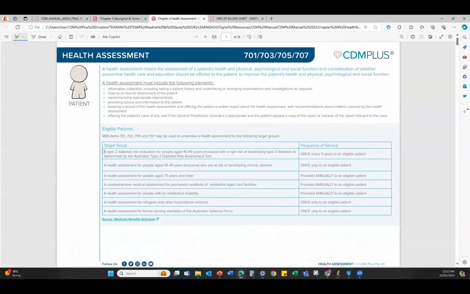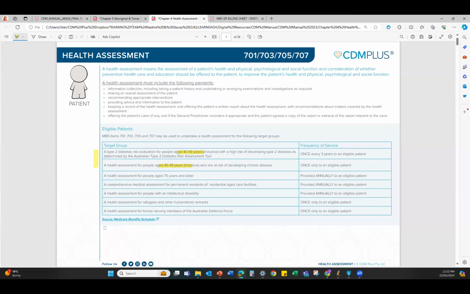So as I said, for me, the adult ones that we're going to look at, the 40 to 49 and 45 to 49, from a health assessment point of view, we're doing very similar activities, even though the Medicare requirements are just slightly different. A lot of clinics will go to me, oh God, there's 7 of these health assessments. I've only ever done the over 75, or I've only ever done a 45 to 49.